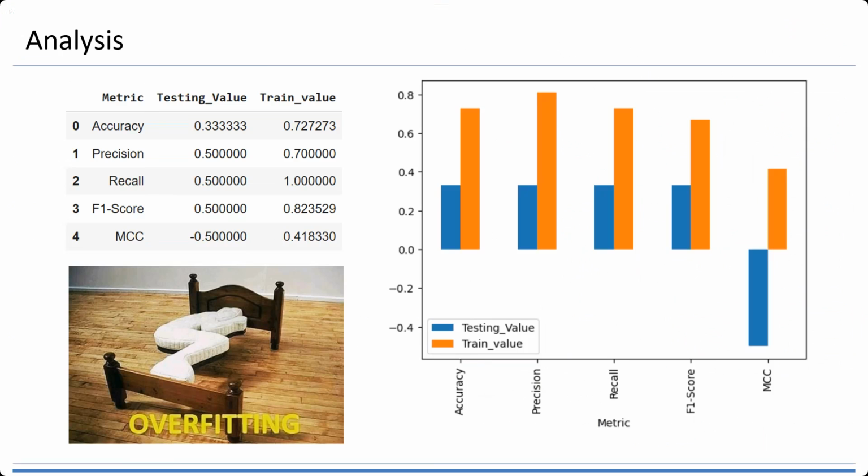The overfitting can be explained with this figure. Do you know this pet? Do you want to buy this kind of pet? Of course not, because this is not a general one.